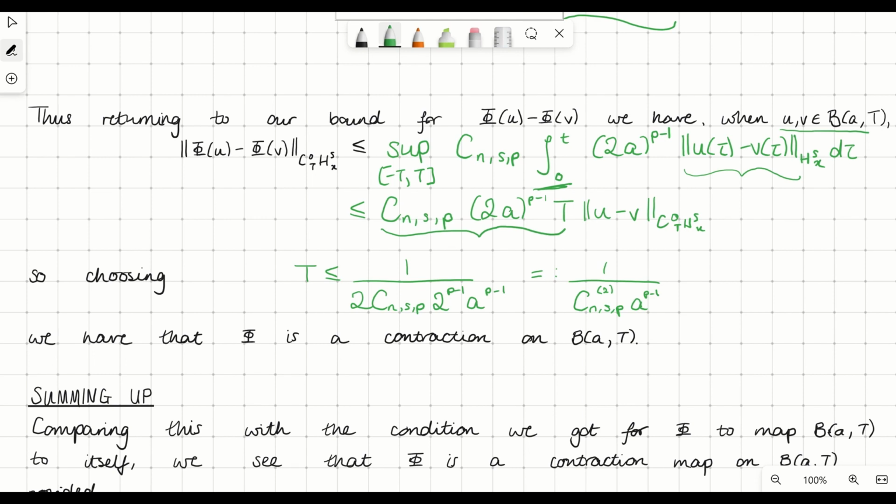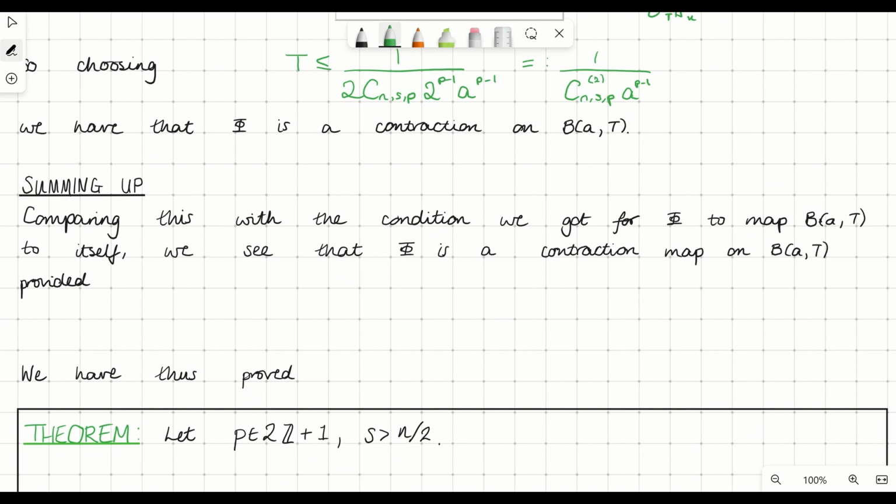So now we're pretty much done. So comparing this condition we just got on t with the conditions we got before for phi to map the ball to itself, we see that if we choose a greater than or equal to twice the norm of u0 in HS, and t less than or equal to the minimum of these two constants we found, so the minimum of 2 times the CNSP1 that we had before, inverse, and this CNSP2 inverse, times a to the minus p minus 1, then phi is really a contraction map on the ball BAT.